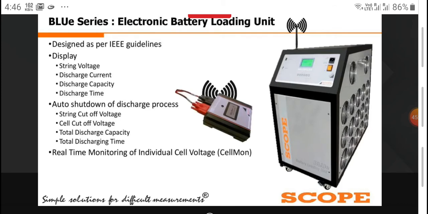Now, it is very important whenever you are doing the battery discharge test, you need to track the weak cells because of which your battery bank capacity is getting reduced. To track those weak cells, we have the CellMon, that is the cell monitoring unit, which will do real-time monitoring of each individual cell.